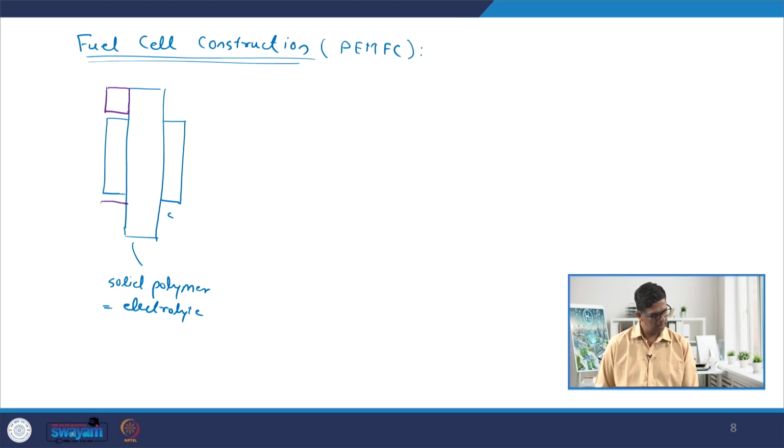The gasket basically surrounds the electrode such that there are no leakages in the fuel cell. As we know, in this type of fuel cell we typically use gaseous fuel, that is hydrogen and oxygen as well. So, we need to make sure that there are no leakages, and that is why we use the gaskets. So, this is my gasket.